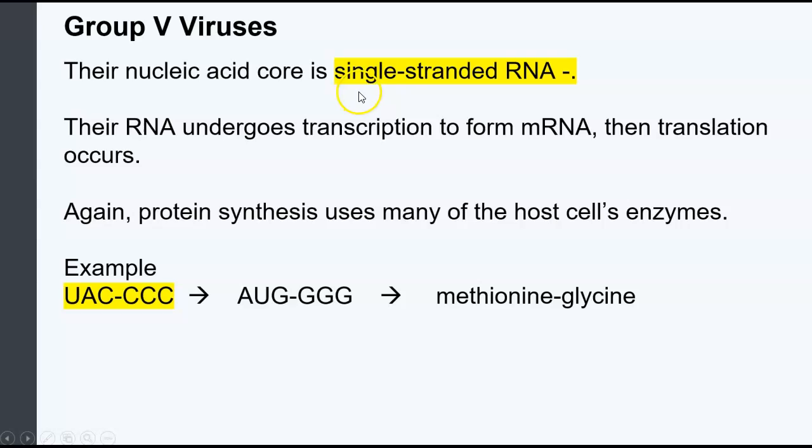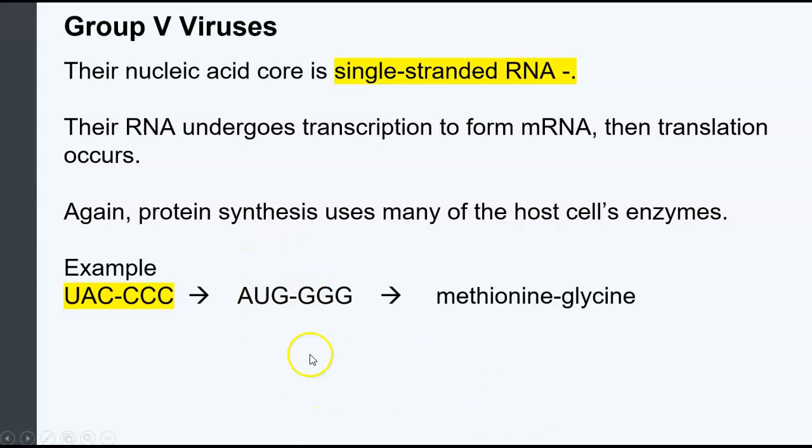Now, group 5 viruses also are single-stranded RNA, but they are single-stranded RNA negative. So what happens there is that I've given you an example. This is the single-stranded RNA. It's actually used as the template to create a complementary strand, which will serve as the messenger RNA.